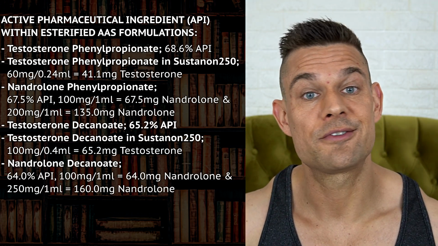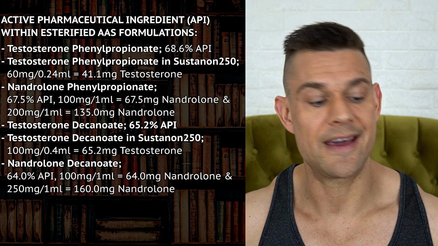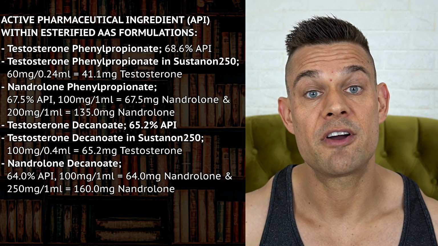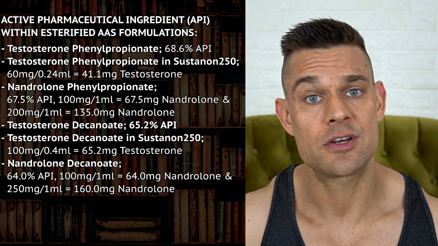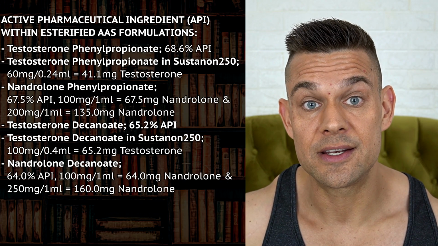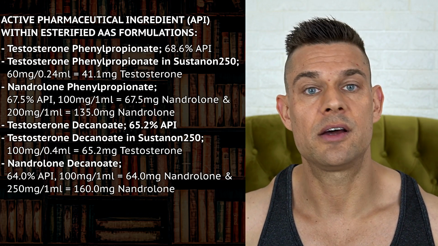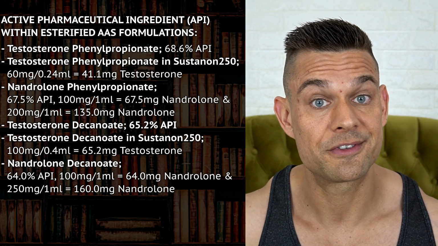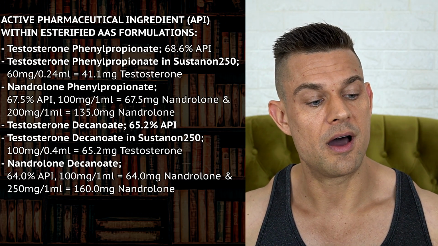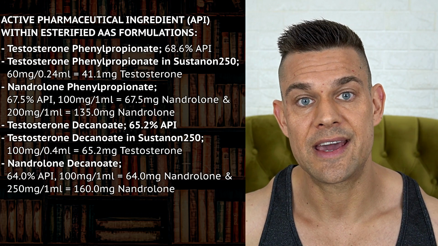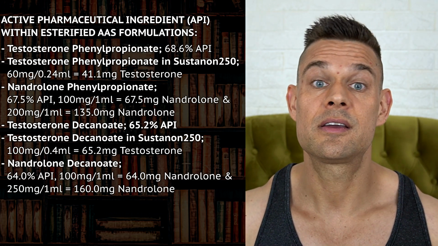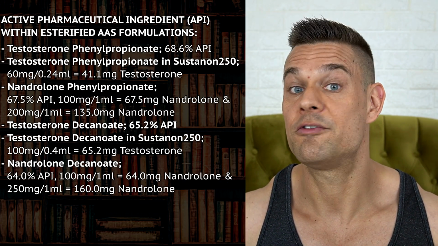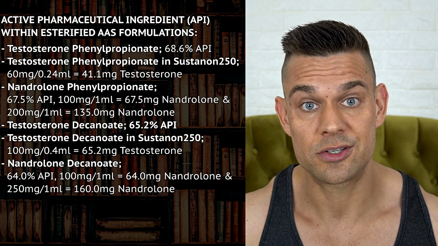And while we're on the subject of decanoate, testosterone decanoate contains 65.2% actual testosterone, also being used in Sustanon 250 at 100 milligrams as part of that 250 milligrams of 4 different ester formulations. 100 milligrams of testosterone decanoate in Sustanon 250 contributes 65.2 milligrams actual testosterone.